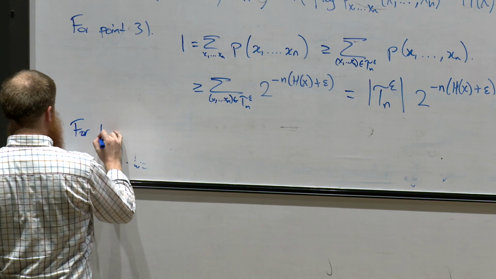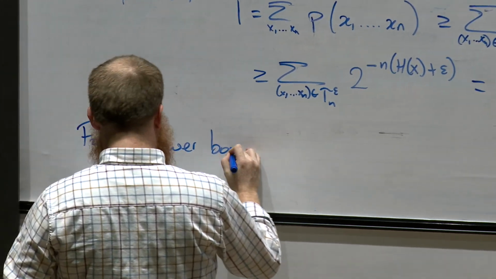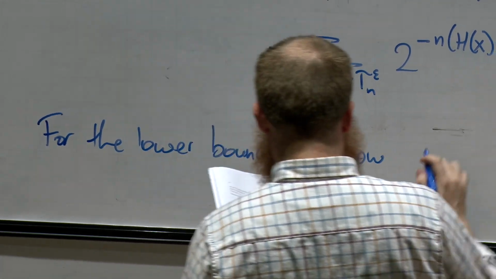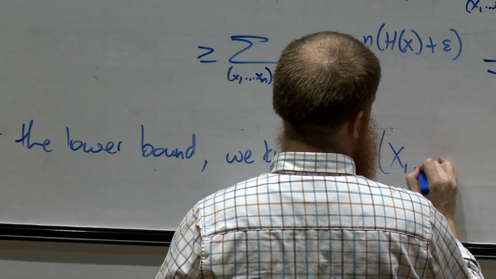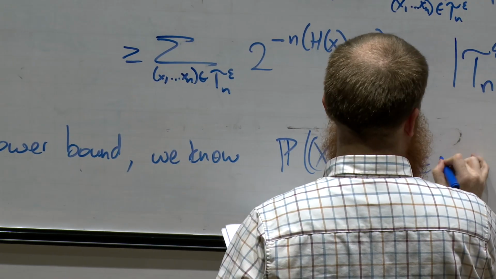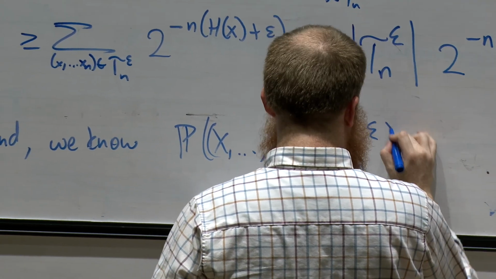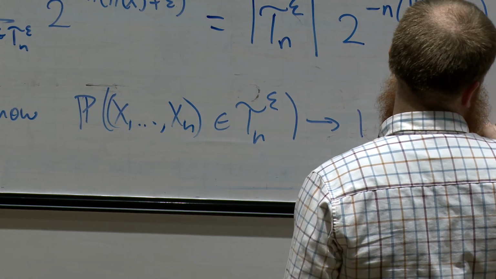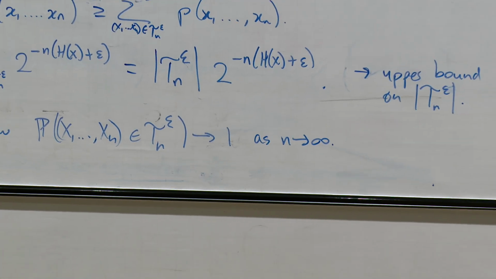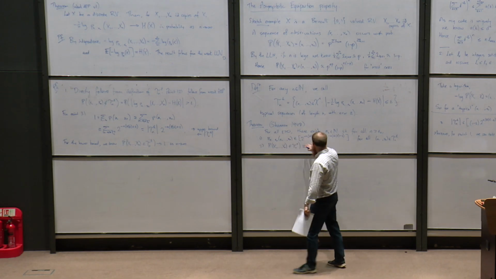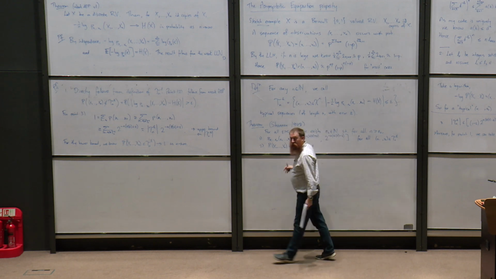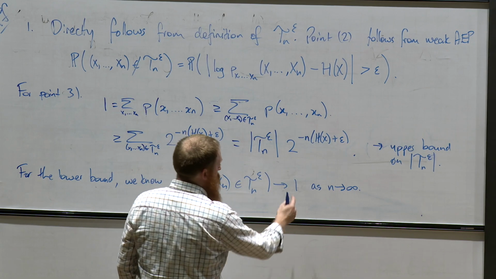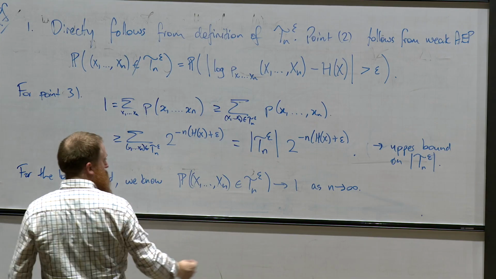Okay. For the lower bound, we know that the probability of x1 to xn being typical goes to 1. I know that this probability goes to 1 as n goes to infinity because we have our bound here. So I can take my bound, so I get this, or at least 1 minus epsilon, but I can tie epsilon to n.